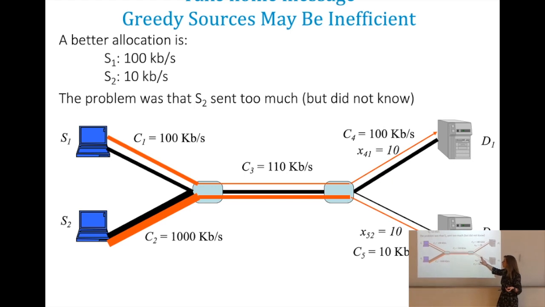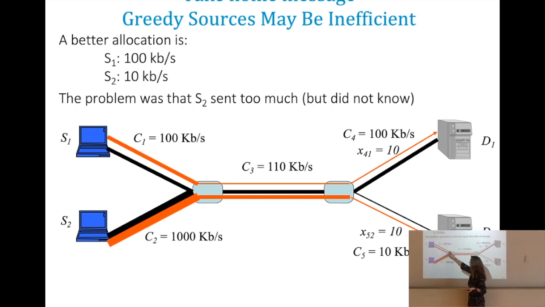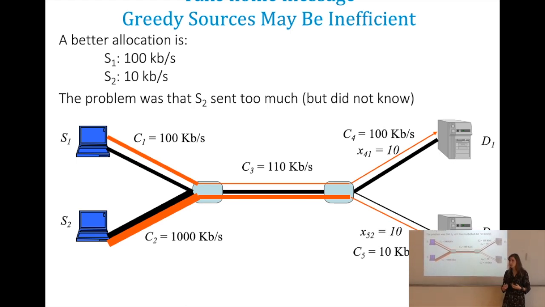So if S2 would send only at 10 kilobits per second from the beginning, and S1 at 100 kilobits per second, then S1 would be able to achieve 100 kilobits per second of throughput, of bitrate, because he's able to send everything he wanted to send. All of the losses were due to S2 being greedy. So typically in TCP we try to achieve such fairness in networks.